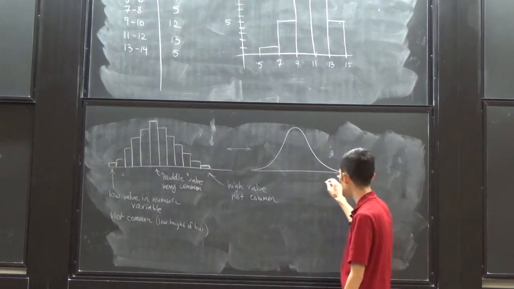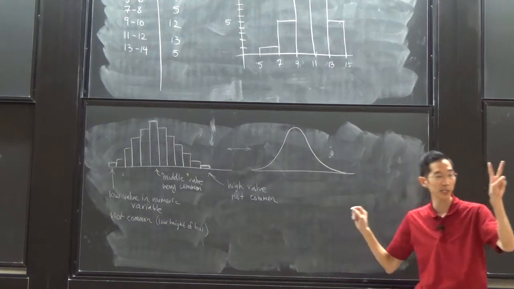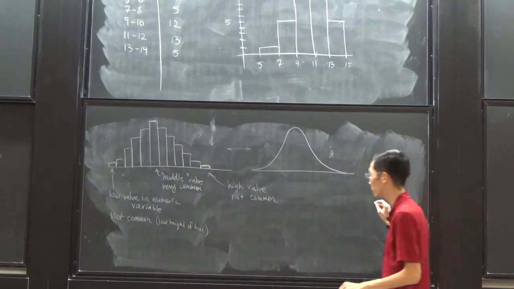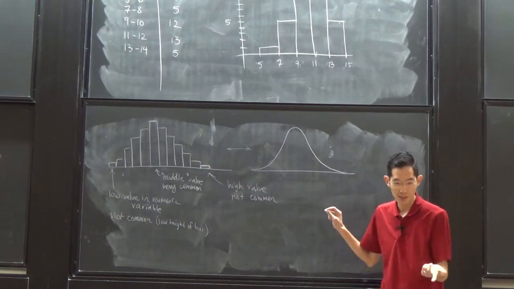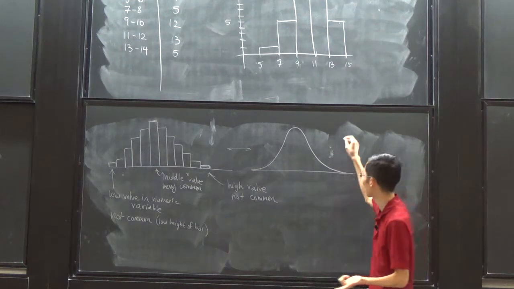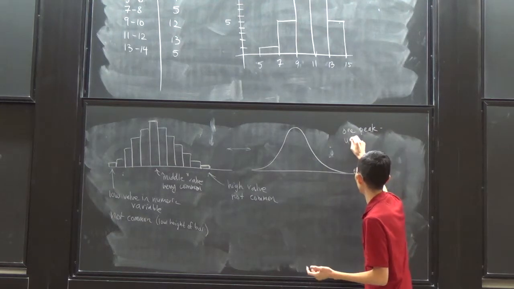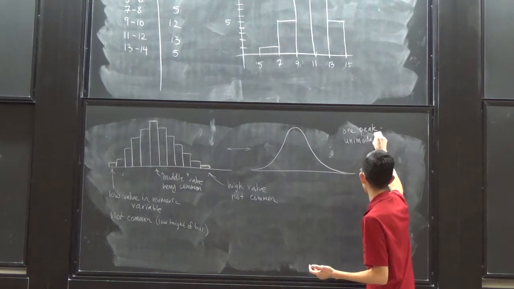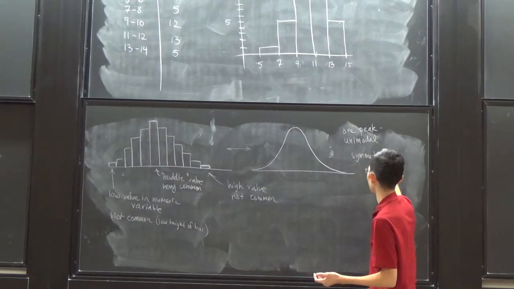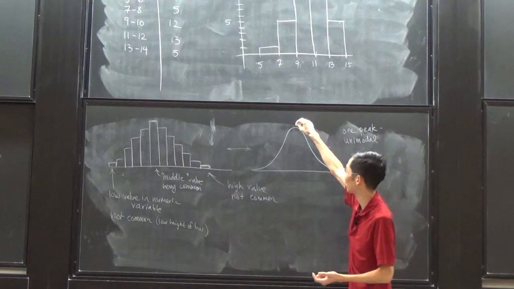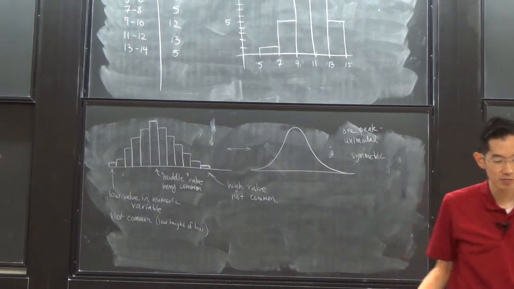And we would call this shape. So when we're talking about shapes, there's two aspects of shape that we want to talk about. One is how many peaks, and the other is the symmetry. Okay, so this one has one peak, so we call it unimodal, and it's symmetric. Okay, meaning I can stick kind of a mirror down the middle, and both the left and the right hand sides look pretty much the same.